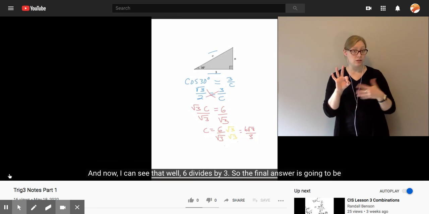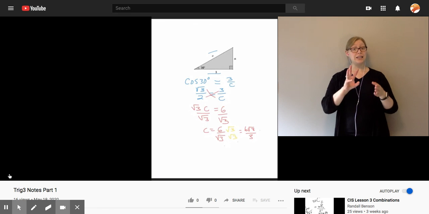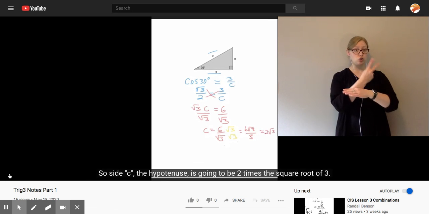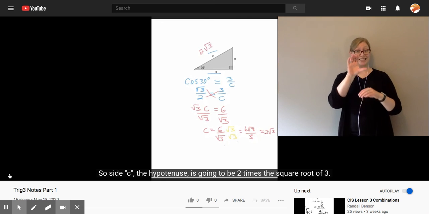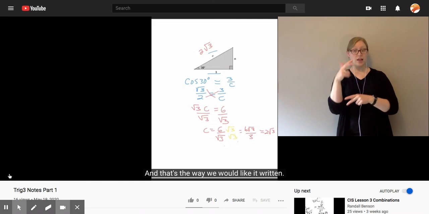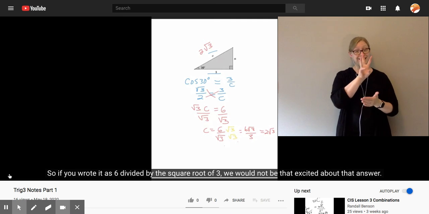And now I can see that 6 divides by 3. So the final answer is going to be 2 square root of 3. So side C, the hypotenuse, is going to be 2 times the square root of 3. And that's the way we would like it written. So if you wrote it as 6 divided by the square root of 3, we would not be that excited about that answer.